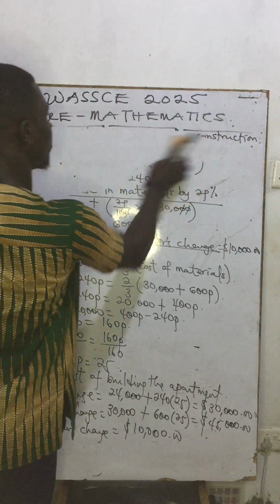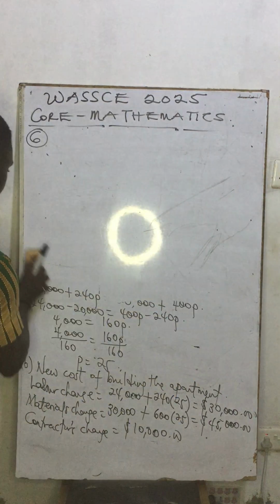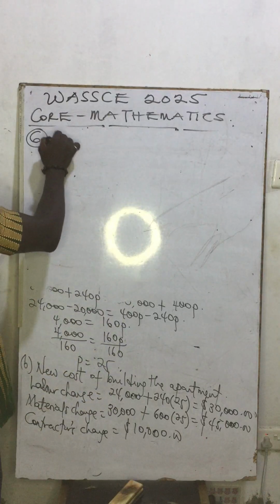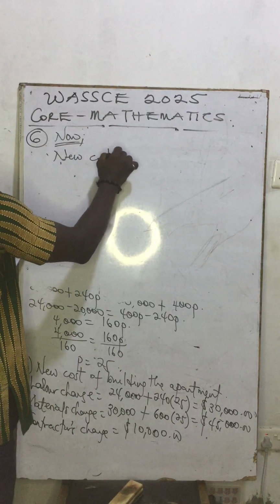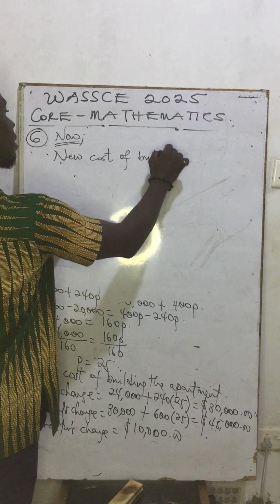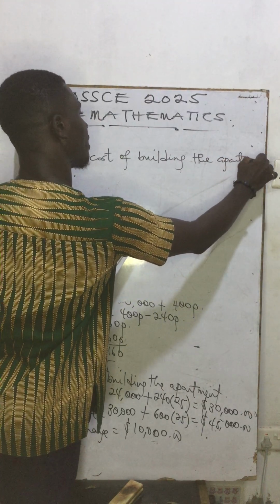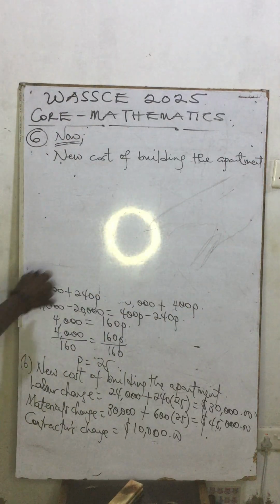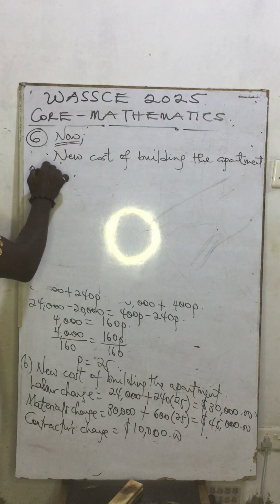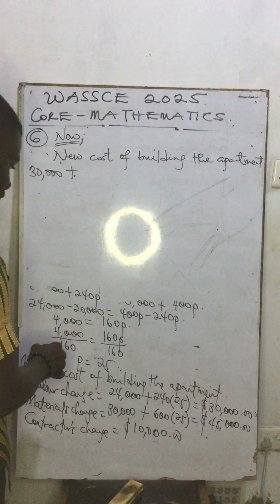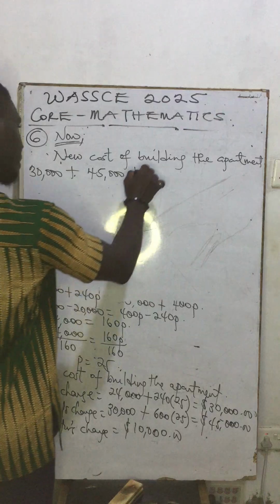So now, the new cost of building the apartment is 30,000 plus 45,000 plus 10,000.